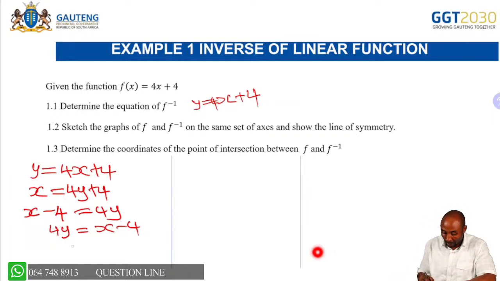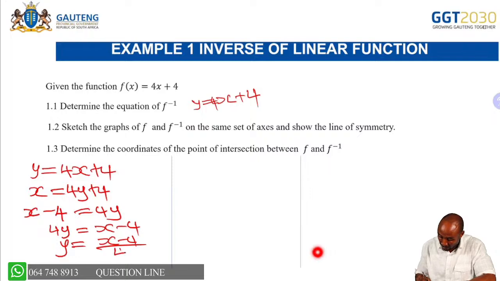Next step, I want y to be the subject. The coefficient of y is 4. I will divide both sides of the equation by 4, and get my equation as y is equal to x minus 4 over 4. Or I can write this as y is equal to 1 over 4x, negative 4 divided by 4 minus 1.